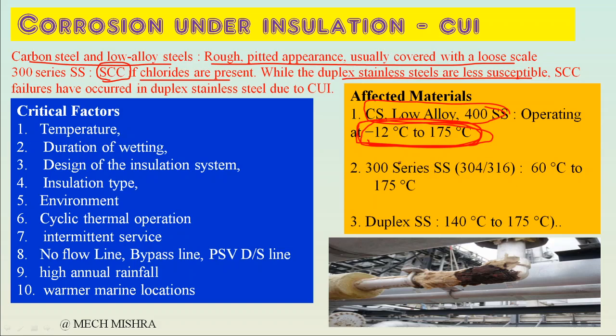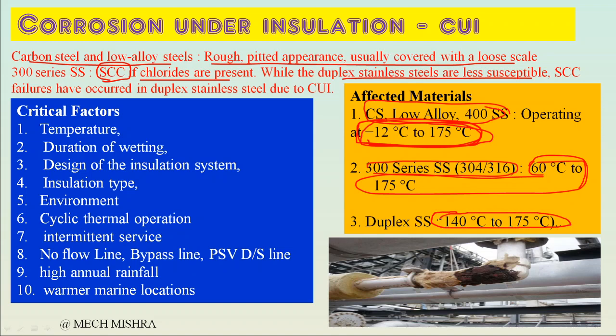And if my piping is SS, either 304 or 316, the temperature range of 60 to 175 is most prone to CUI, so it needs to be taken care of. So 60 to 175. And for duplex, the temperature range of 140 to 175 is susceptible to CUI.